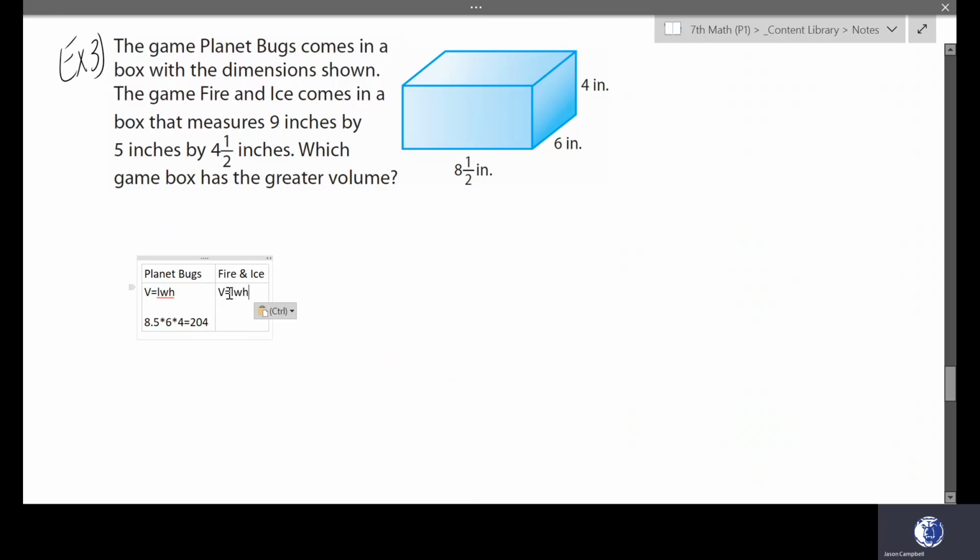Fire and Ice, which has the same formula for volume, length times width times height, is 9 inches by 5 inches by 4.5 inches. So 202.5. It says, which game box has the greater volume?